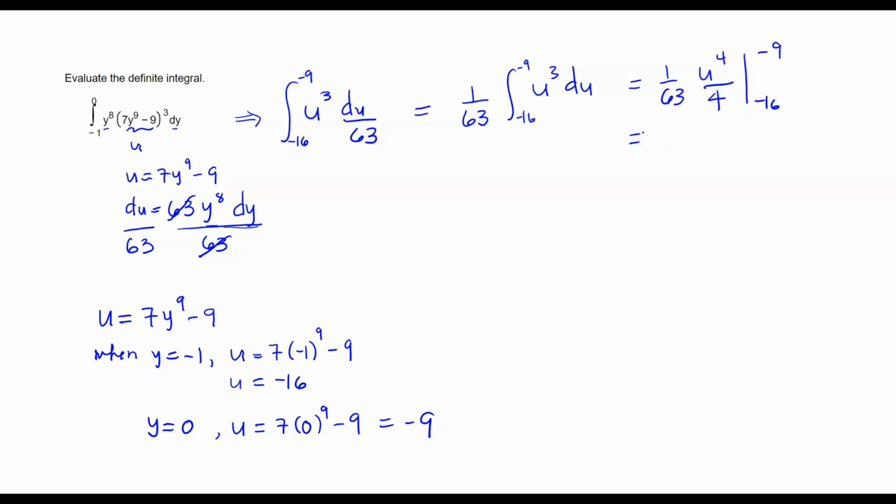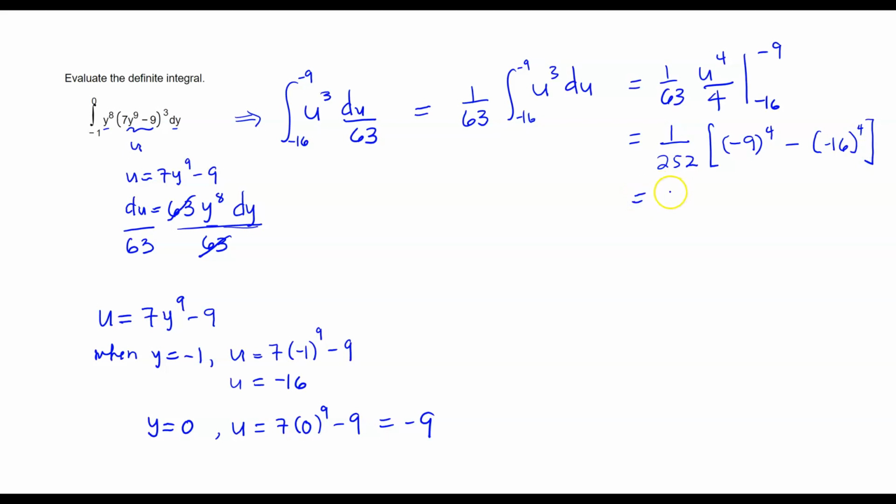Then go ahead and simplify this. So we have 63 times 4. So that's 252, 1 over 252. And then you have -9 to the 4th minus negative 16 to the 4th. Okay, and then I'll plug this into my calculator.